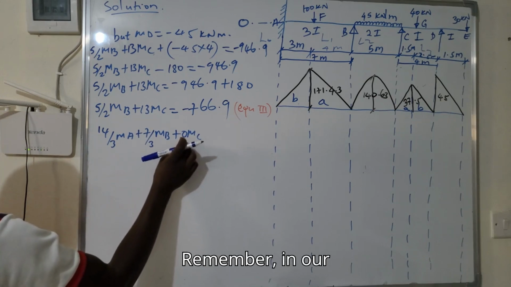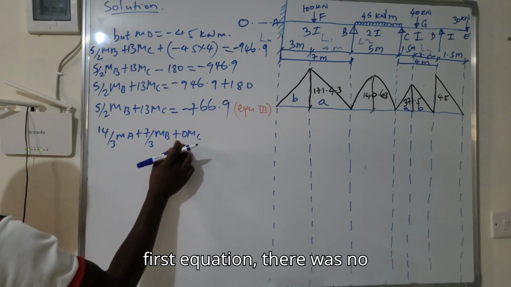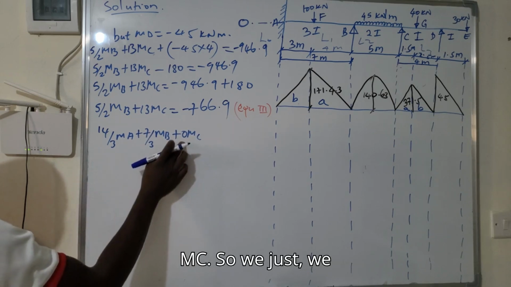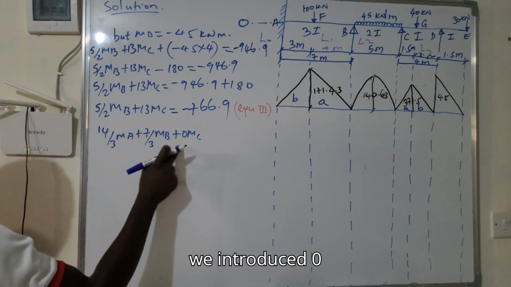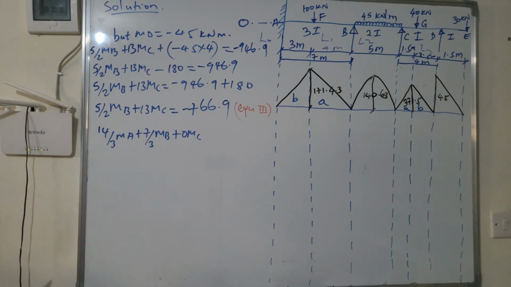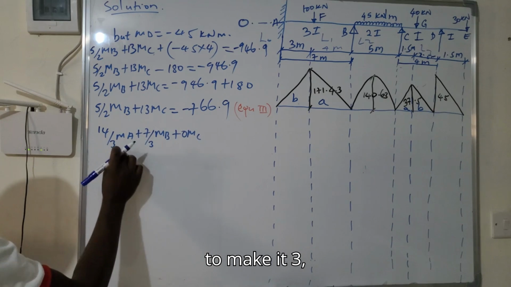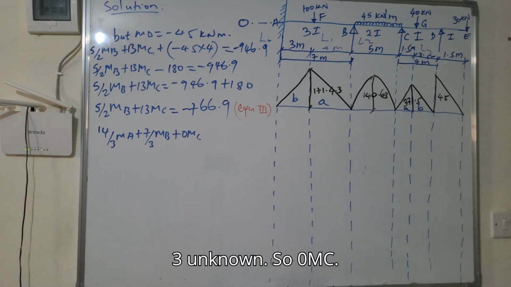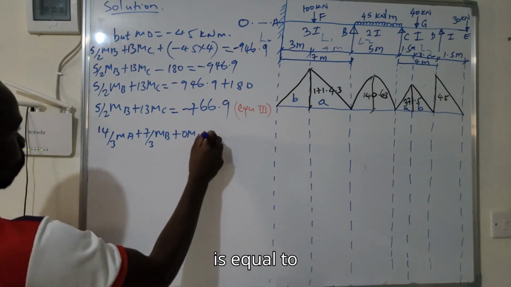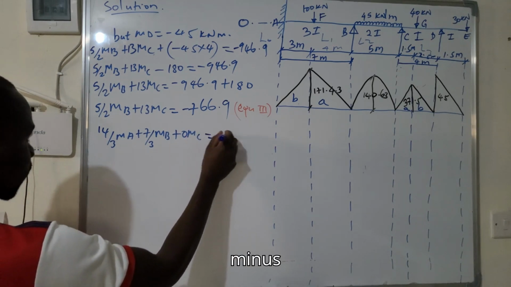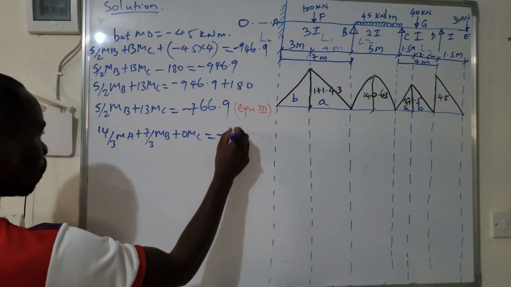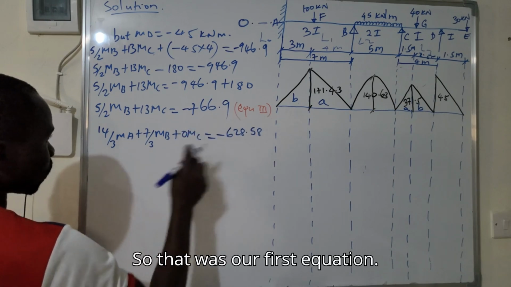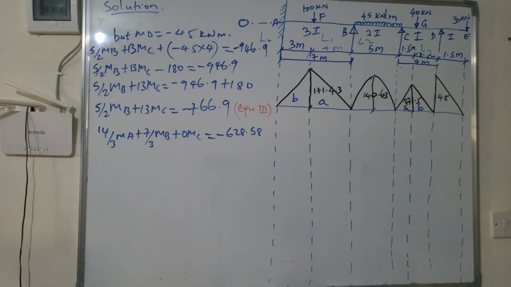Remember, in our first equation there was no MC, so we introduce 0 to make it 3 unknowns. So 0 MC is equal to minus 628.95/8. So that was our first equation.